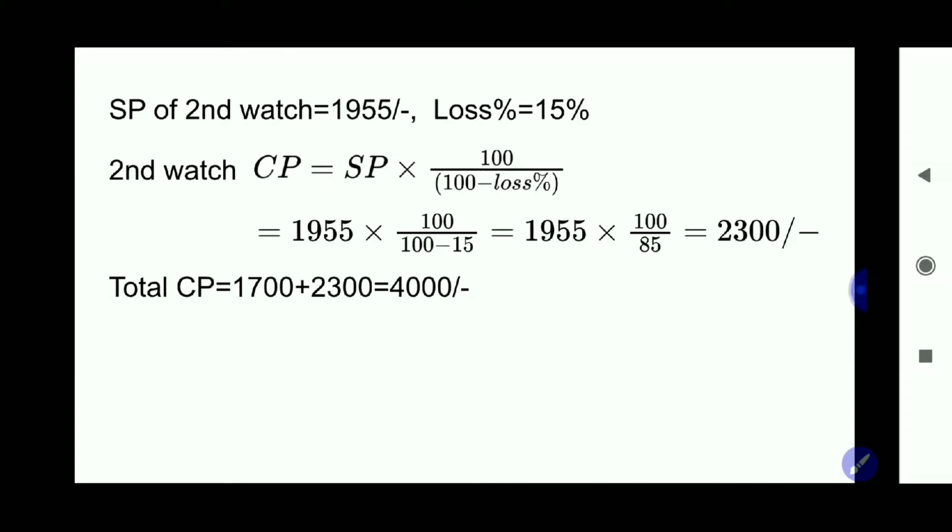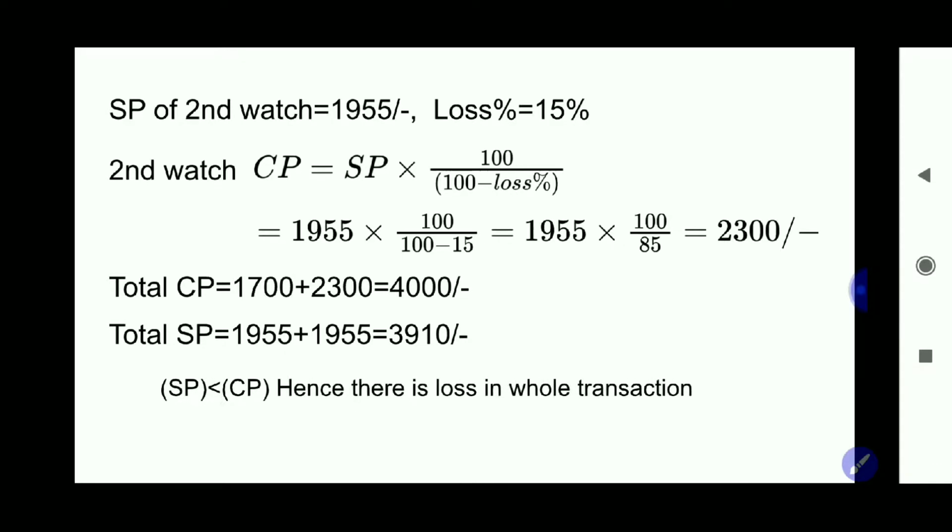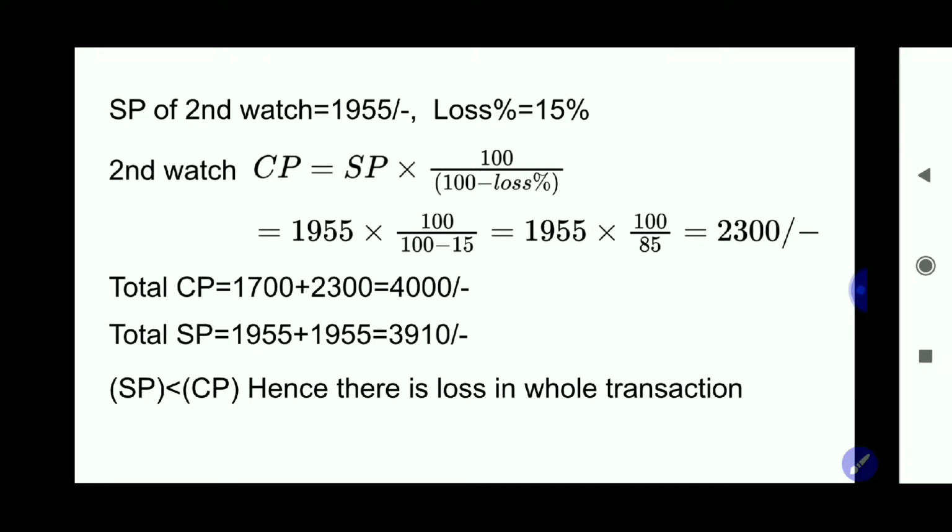That is 4000. Similarly, total selling price 1955 plus 1955, that is 3910. In this question, selling price is less than cost price. Hence, there is loss in a whole transaction. So, loss is equal to 4000 minus 3910.